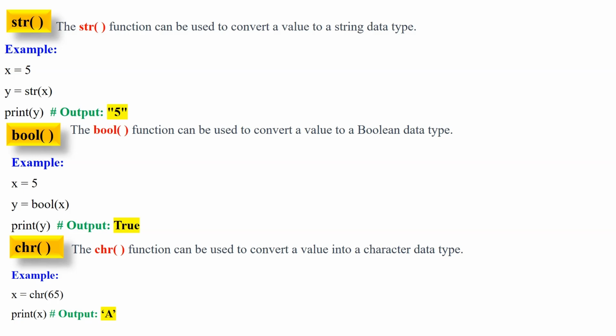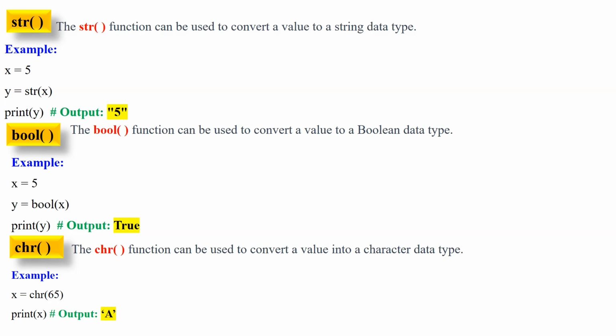Next is the chr function. The chr function can be used to convert a value into a character data type. For example, x = chr(65), print(x). In the given code, the statement x = chr(65) assigns the character represented by the Unicode value 65 to the variable x.